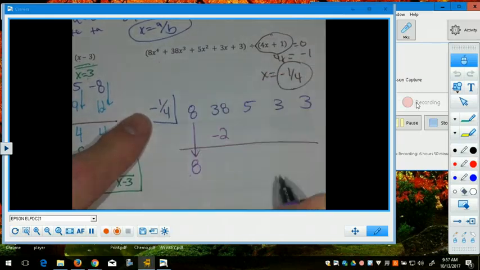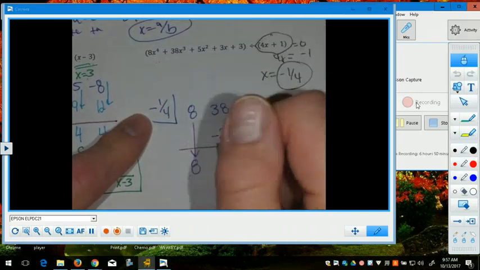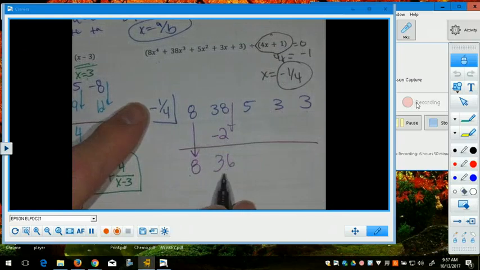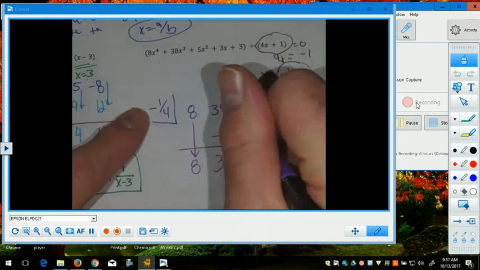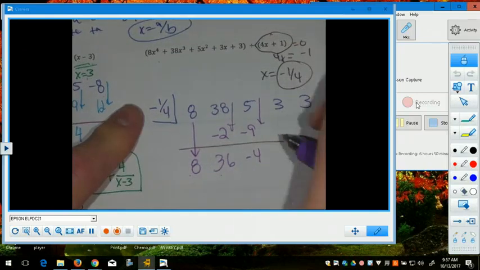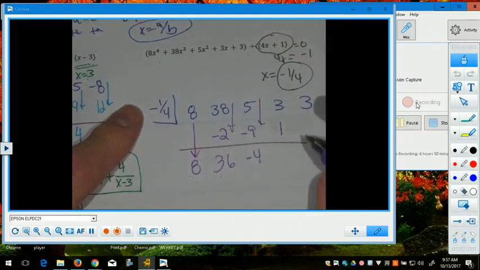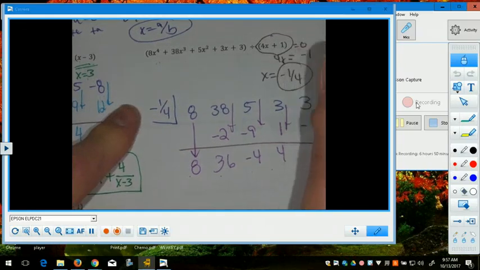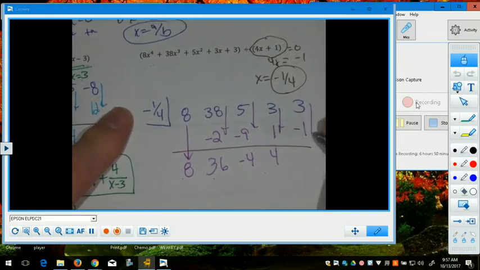Dividing by -4 gives me -2. Add them vertically, 36. 36 divided by -4, -9. Add them vertically, -4. Divided by -4 is +1. Add them. Divide by -4 is -1. Add them, gives me 2. And I'm done.